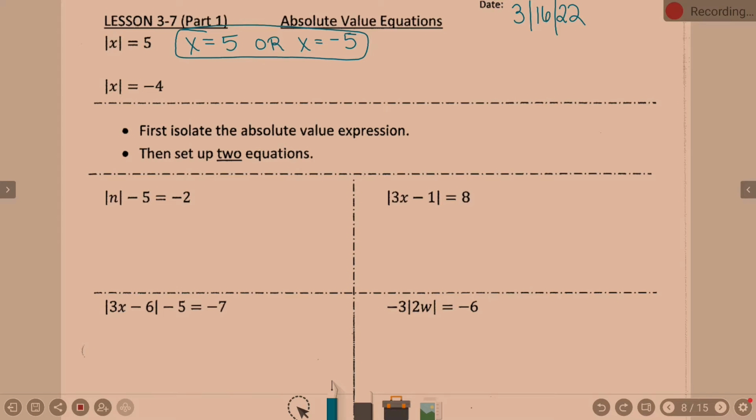Now, there's a catch on this next one. Absolute value of x equals negative 4. What do you know about distance?